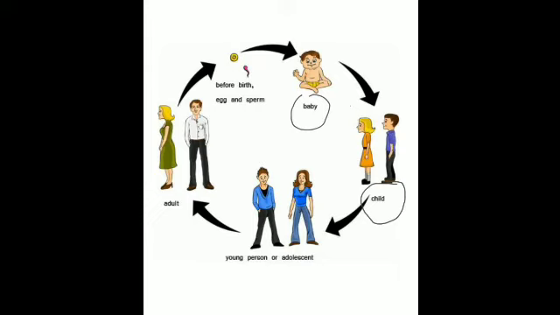And then between 11 to 19 years is the puberty age, the stage at which the production of sex hormones and reproductive cells starts in a boy or a girl. This is called adolescence or puberty.